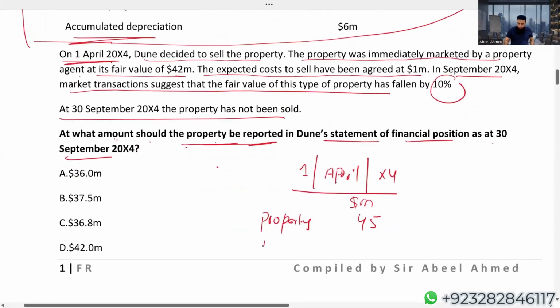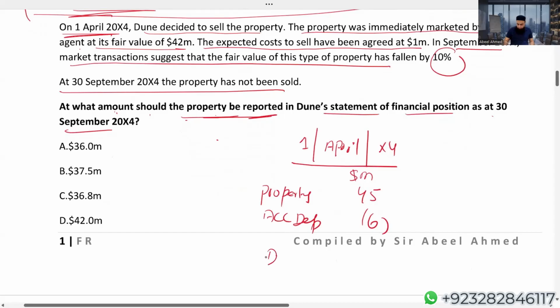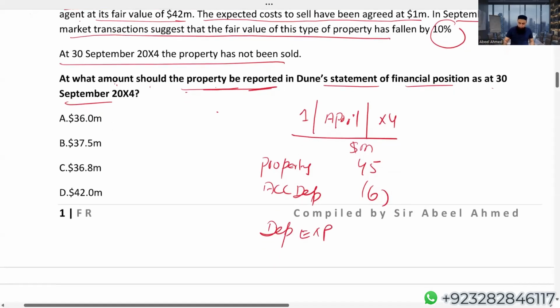Already they have given us the accumulated depreciation of 6, but this accumulated depreciation of 6 million is still X3. From 30th September X3 till 1st April X4, we have to deduct the depreciation of 6 months, depreciation expense of current year 6 months, which is the cost of the property divided by the useful life into 6 by 12. So 45 divided by 15 will give us 3, 6 by 12, 1.5.